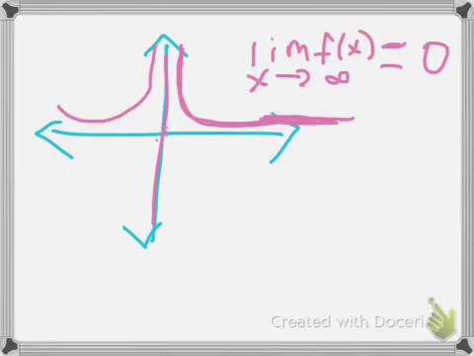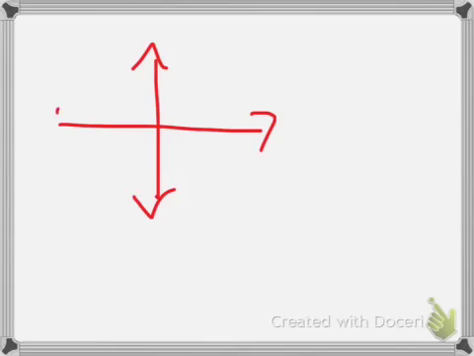Okay? And then one more scenario. Let's say that you have a graph, and let's say 1, 2. Let's say your graph does this. I may have made that a little bit too high up. Okay?